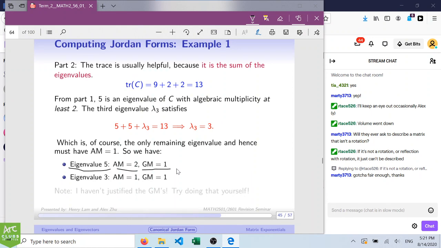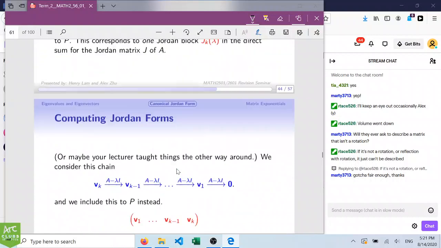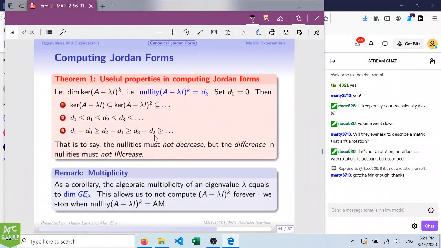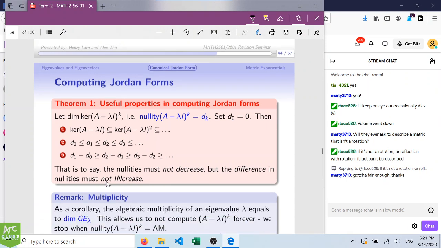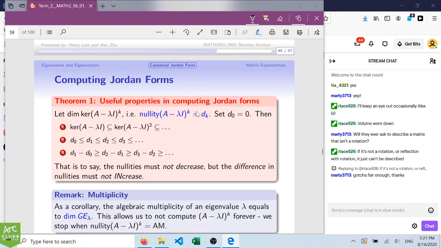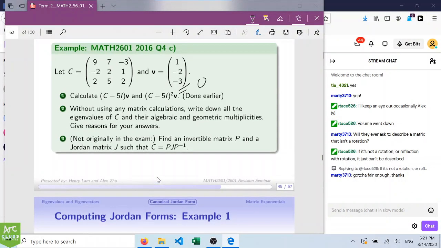GM is 1, because if we look at the dimension of the kernel, right? The dimension of the kernel of the second one is equal to 0. So the dimension of the kernel of the first one is going to equal 1.